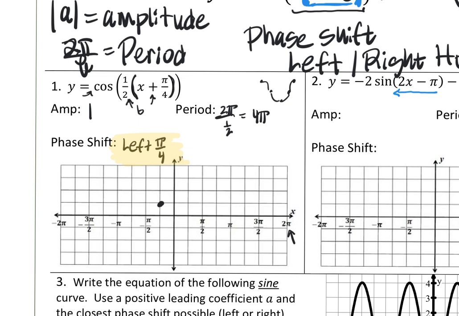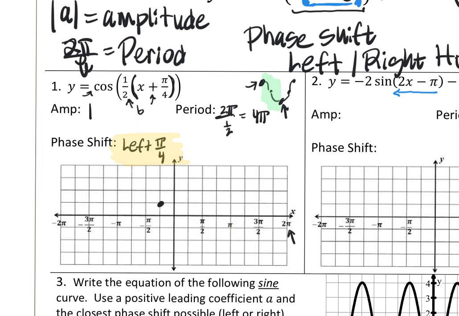Since they're only giving us up to 2 pi, I'm only doing this part of the graph. At 2 pi, I'm going to be at that bottom point. If I start here, the bottom point is halfway, and halfway to 4 pi is 2 pi, so it's going to be the minimum.